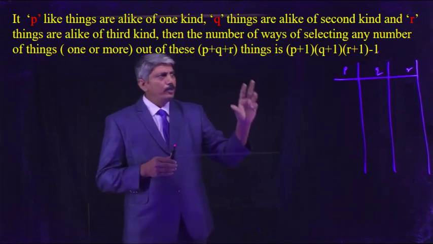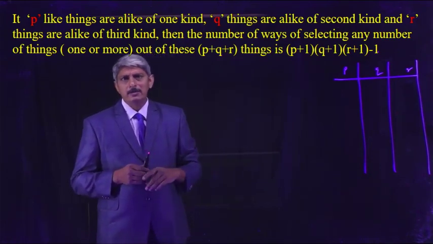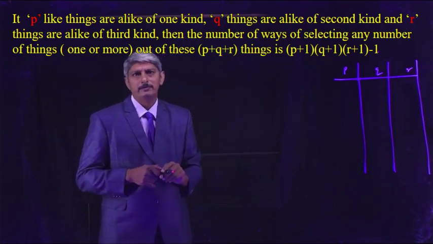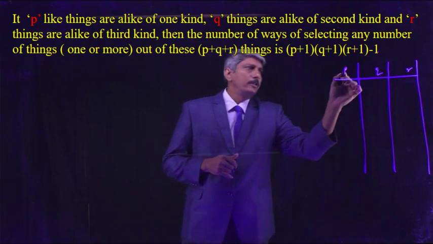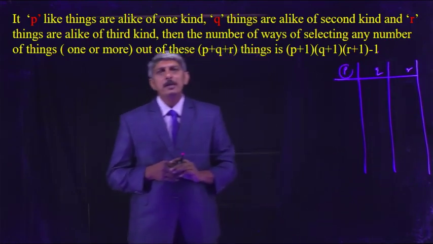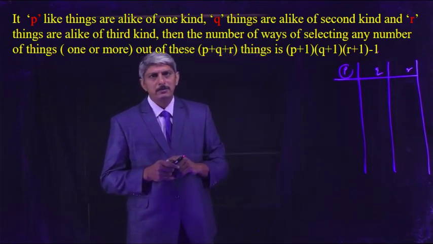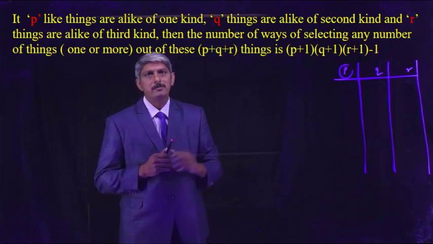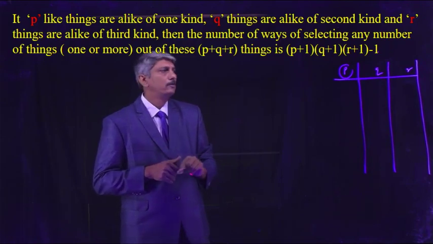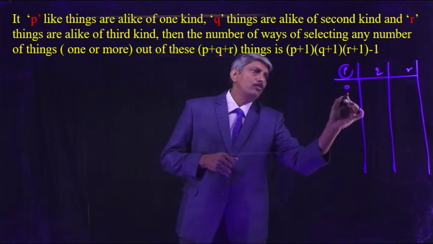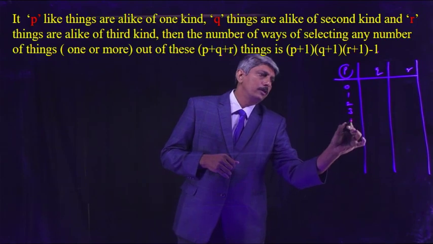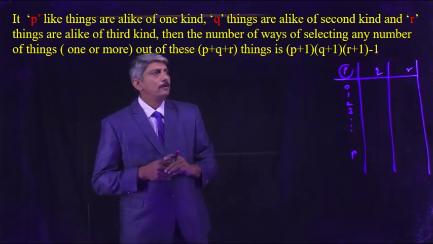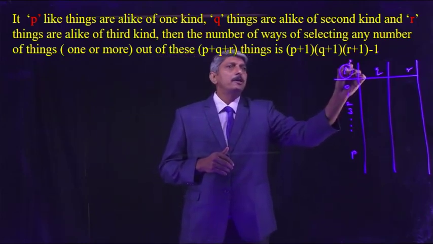So what about P, Q, R things? P things are like, Q things are like of the second kind, R things are like of the third kind. For the first, P like things of one kind, the cases that arise are either 0 or 1 or 2 or 3 and so on up to P. But these P are like things.